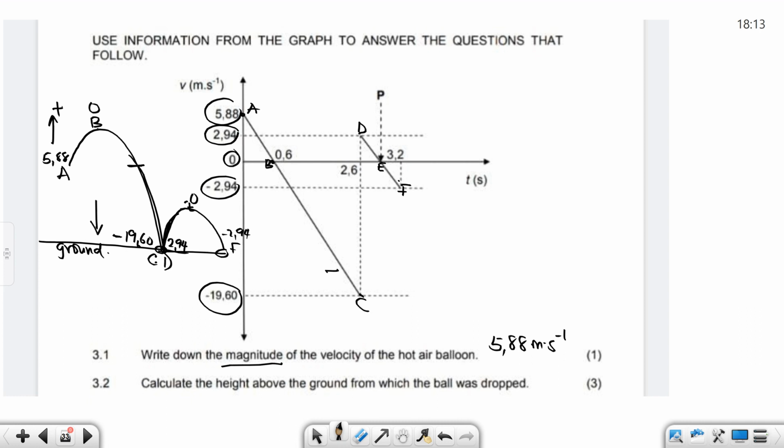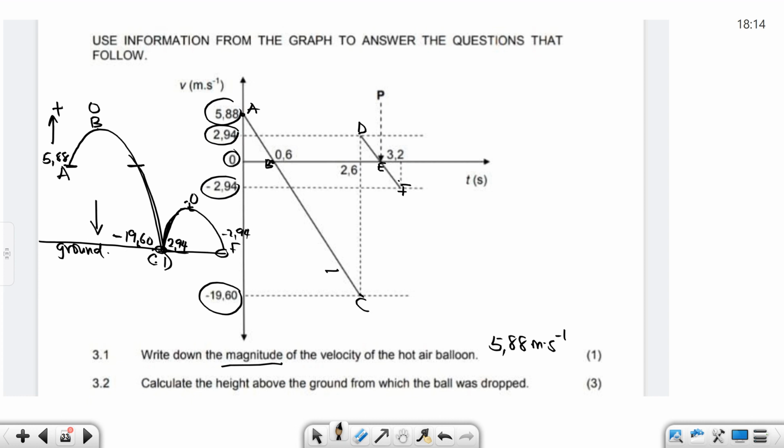So if I'm looking for the height at which the ball was dropped, what letters am I using? This is where it was dropped. This is the ground, C. So we are dealing with between A and C. Can we walk through? Lovely. What do we know? Please write what we know. Velocity at A, everybody, let's write. Let's make it fast. Initial velocity at A. We're writing. 15 minutes, we need to get done. What is velocity at A? 5,88. What's the velocity at C?